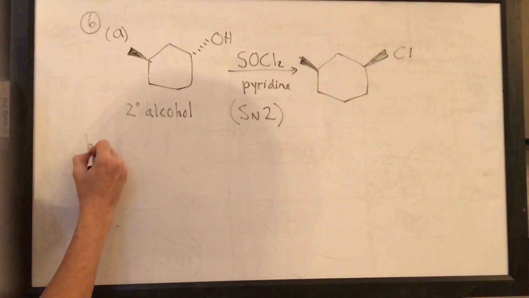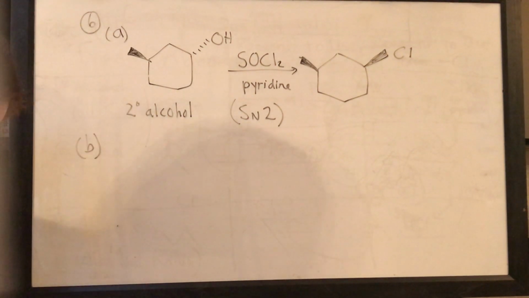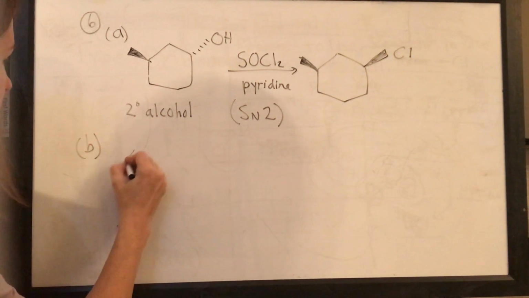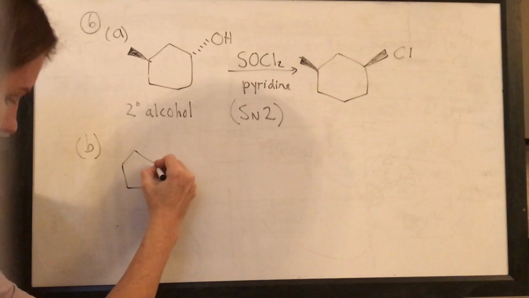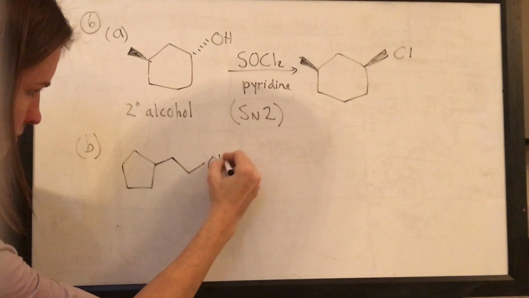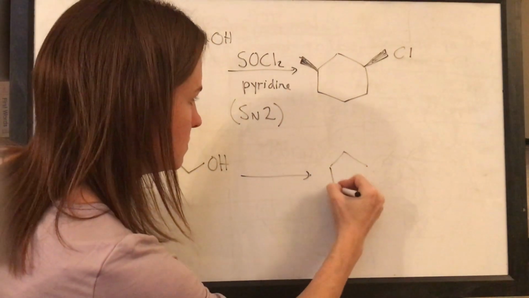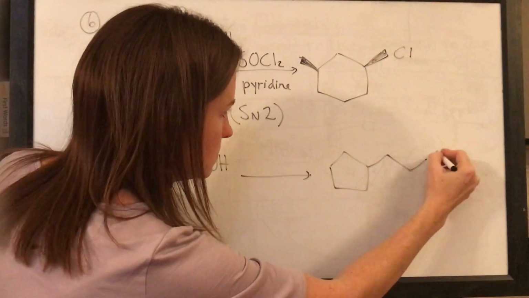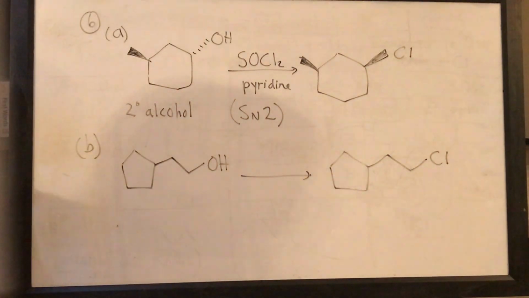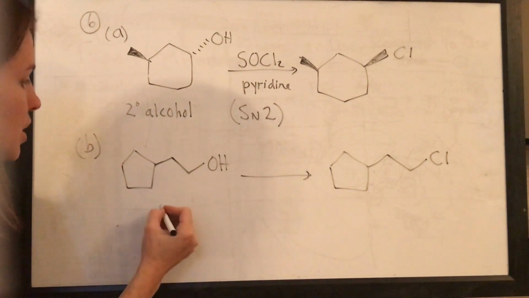And then in letter B, now we're turning a primary alcohol into a primary chloride. If we look at our chart, we actually have two good reagents that would work here.